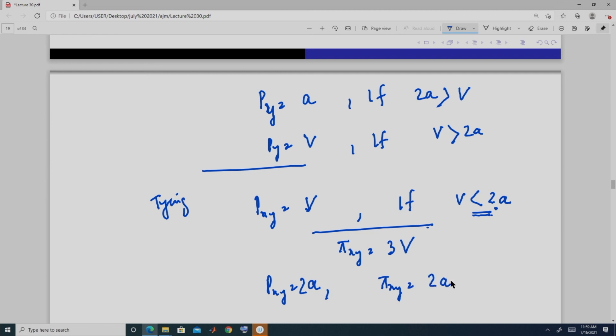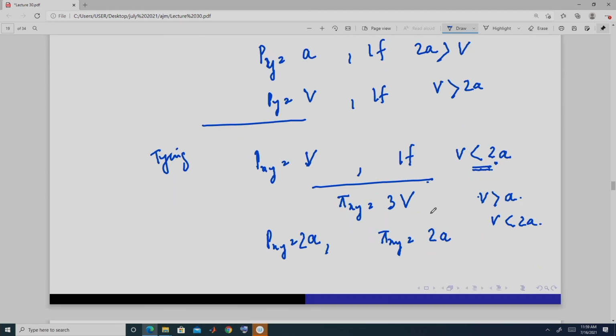Now, if this is the case plus 2V, and suppose V is greater than A, but V is less than 2A, then we will definitely have a situation where 3V is greater than 2A.